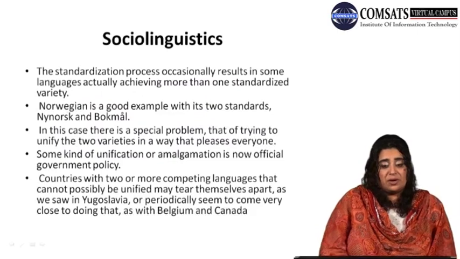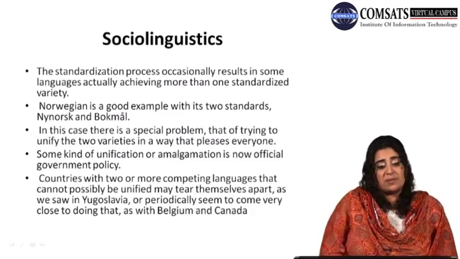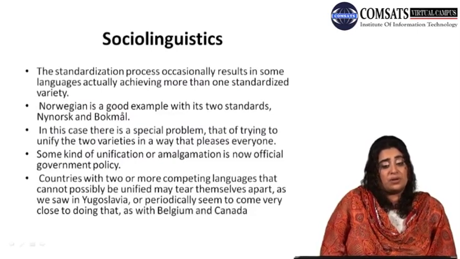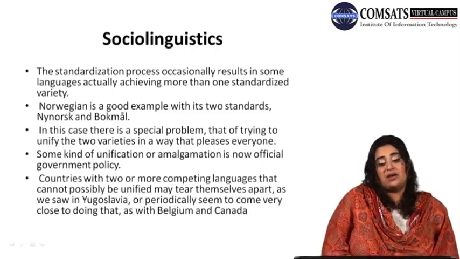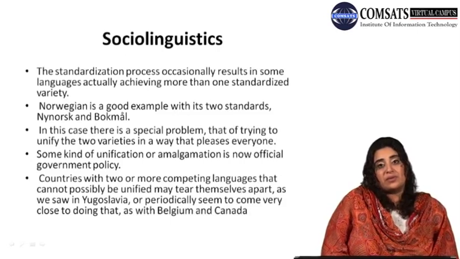The standardization process occasionally results in some languages achieving more than one standardized variety. Norwegian is a good example with two standards, Nynorsk and Bokmål. In this case there is a special problem, that of trying to unify the two varieties in a way that pleases everyone.